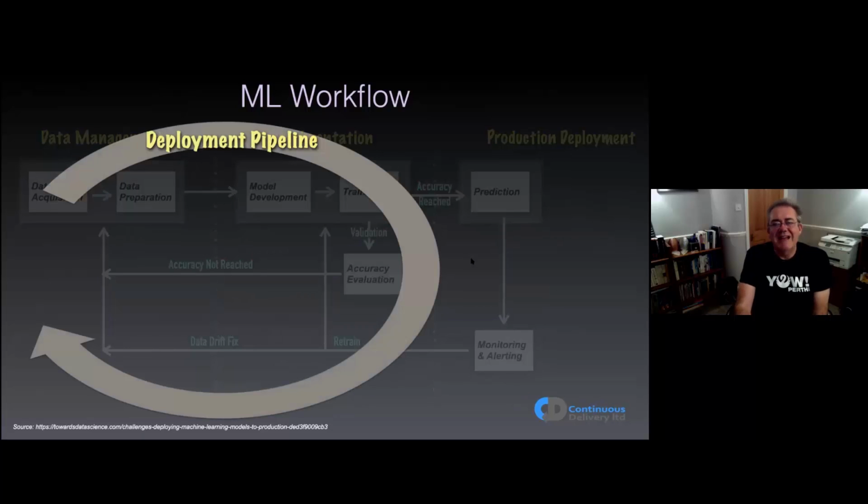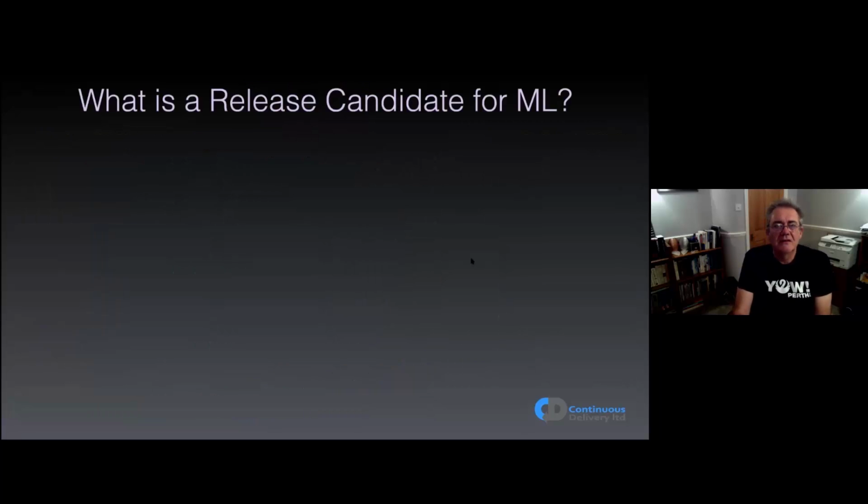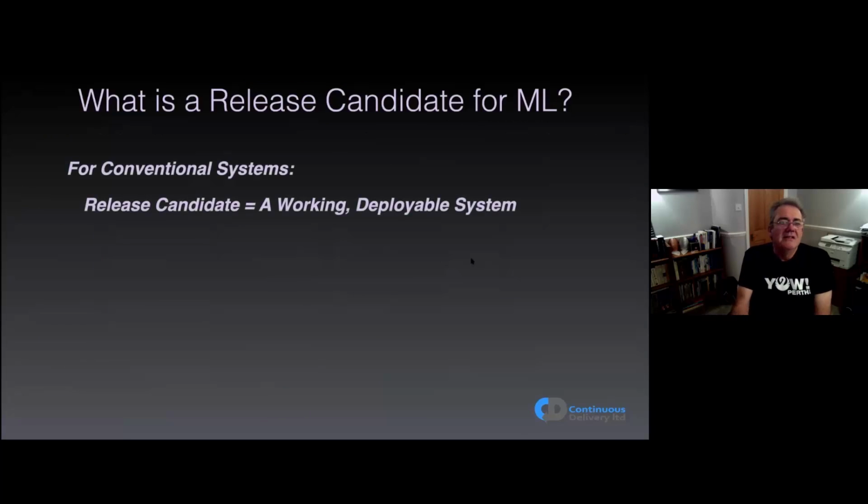I think that means that we need deployment pipelines. We need to think about how to create a deployment pipeline for machine learning. How do we manage this, regularize this so that it works? So what's a release candidate mean for machine learning? Well, for conventional systems, a release candidate is a working deployable system.